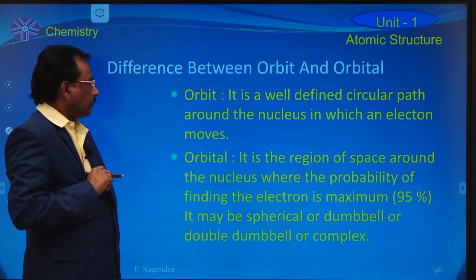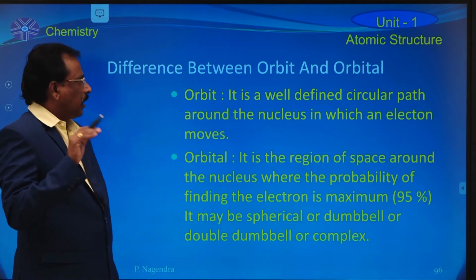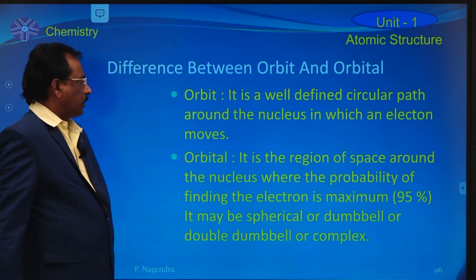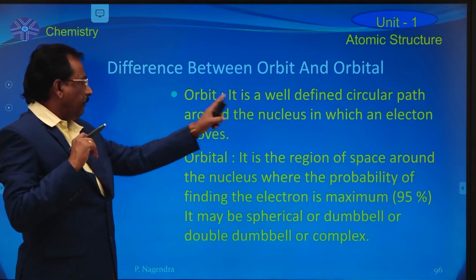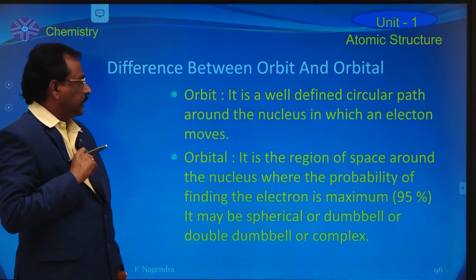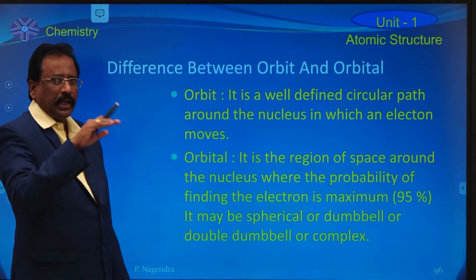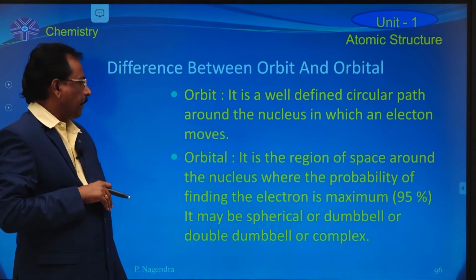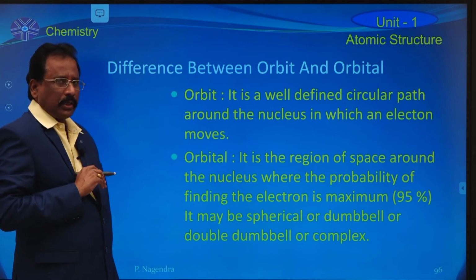Now, what is the main difference between orbit and orbital? According to Bohr's theory, an orbit is a well-defined circular path around the nucleus in which an electron moves. It is already known to you from Bohr's atomic model.